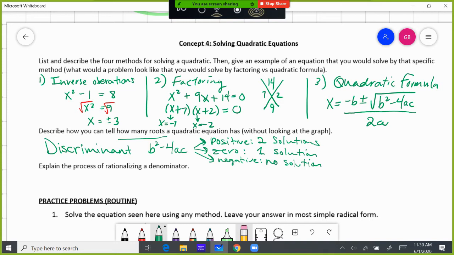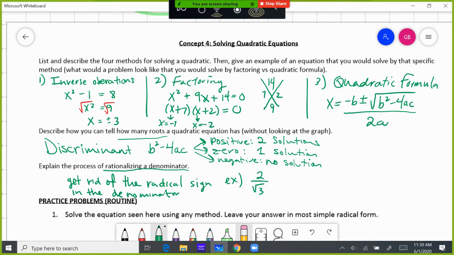And then explain the process of rationalizing the denominator. So basically this means get rid of the radical sign in the denominator. For example, let's say you have 2 over the square root of 3.